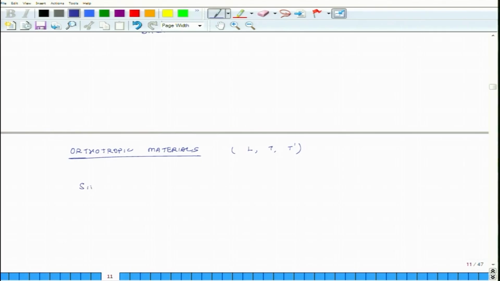Situation 1, in situation 1, load is not aligned with the material axis.